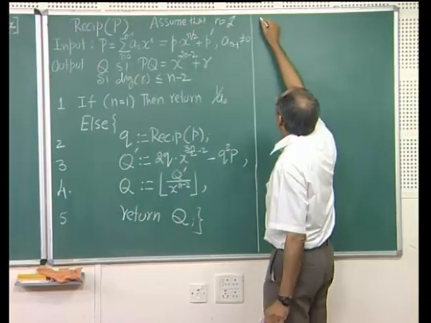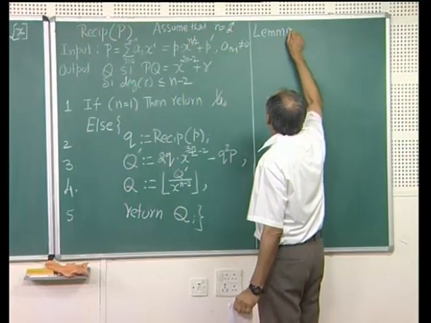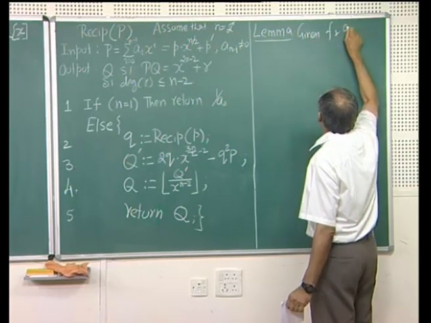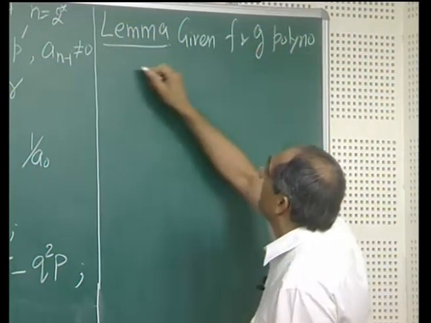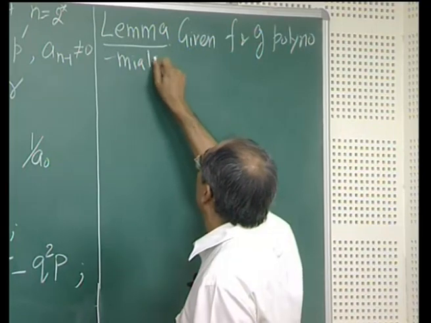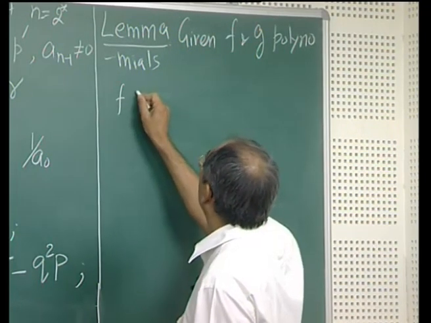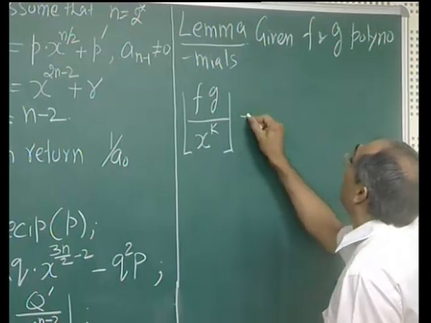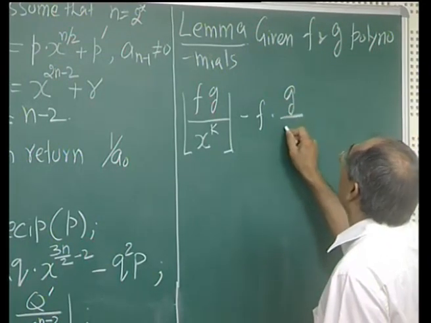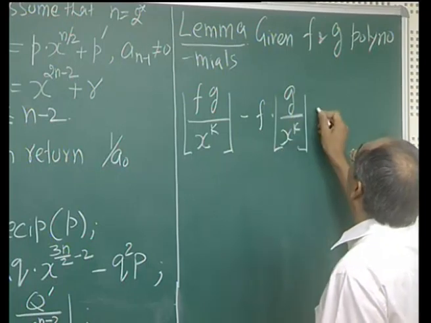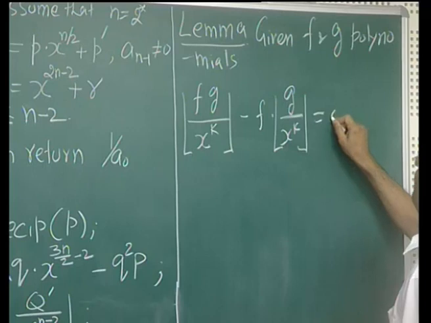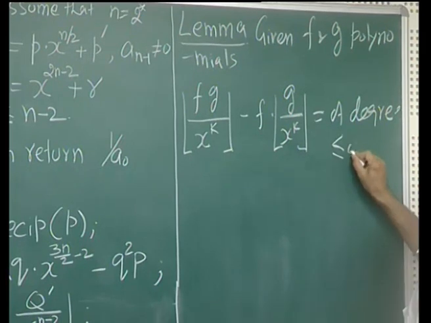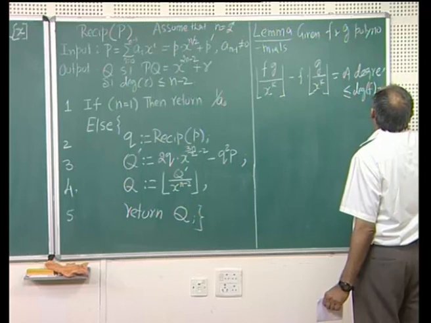So, to prove that I need a small result which says that given f and g polynomials, f times g divided by x power k, floor, minus f times g divided by x power k is of degree less than or equal to degree of f minus 1.